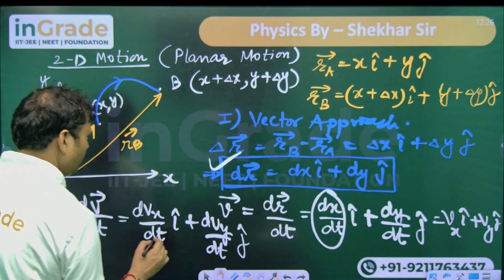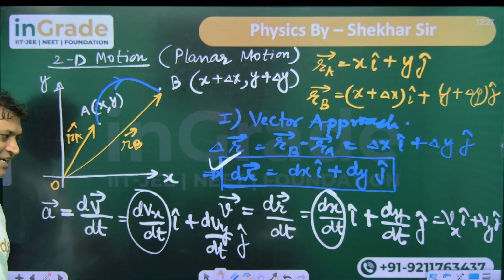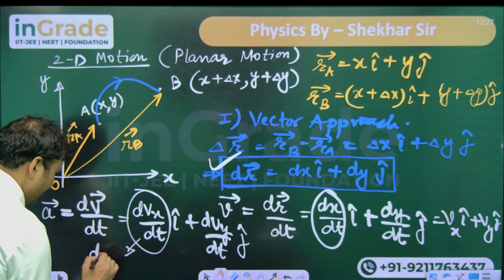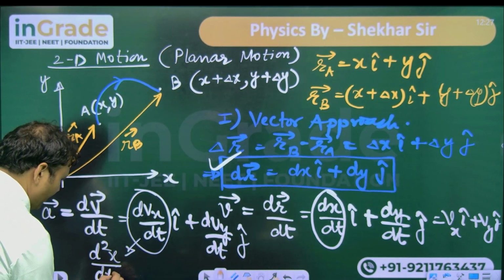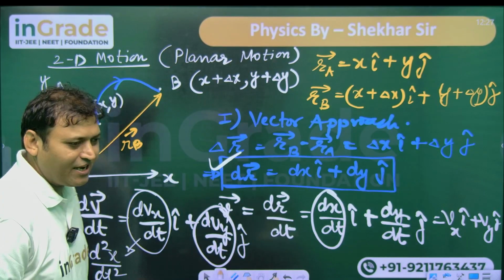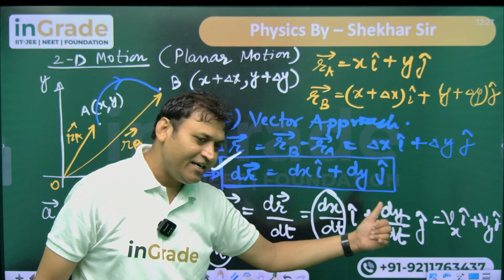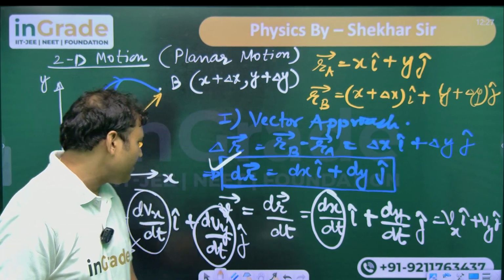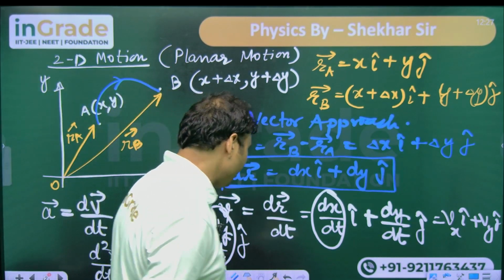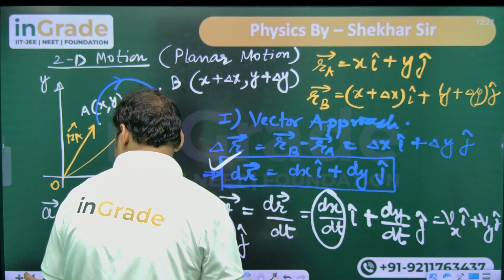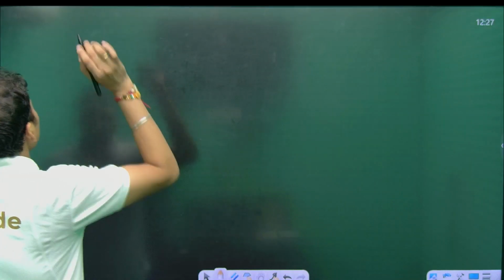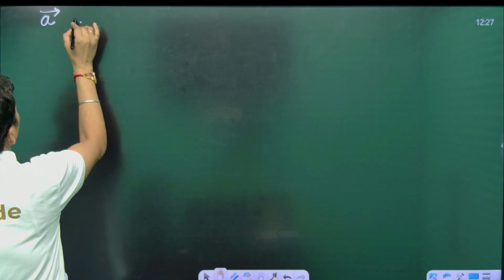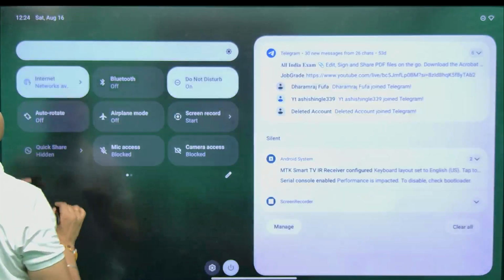This dvx by dt can also be written as the double derivative of x, d square x by dt square. Similarly, dvy by dt can be written as d square y by dt square, that is, differentiation of dy by dt, the differentiation of velocity with respect to time. Now, from here there are some possibilities. Look, we have talked about the acceleration vector, we have talked about the velocity vector.